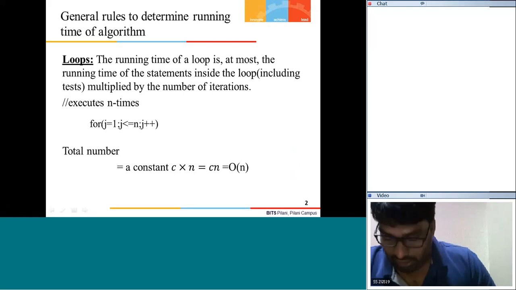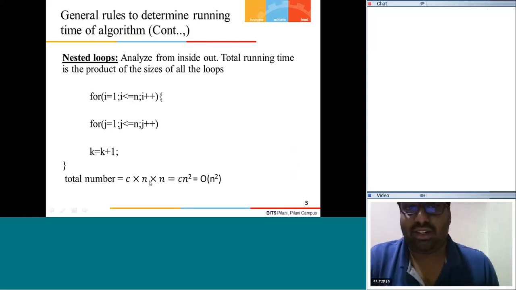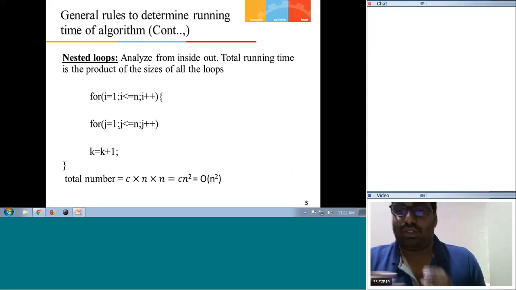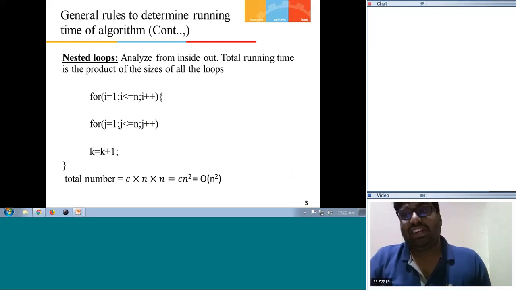Now let's go for the nested loops. In nested loops, you should always remember to go from the internal loop to the outer loop. When you're calculating the time complexity, assume that you are starting from the innermost loop to the outermost loop. That's more important. And you have to consider the total running time of all loops together, not one loop.